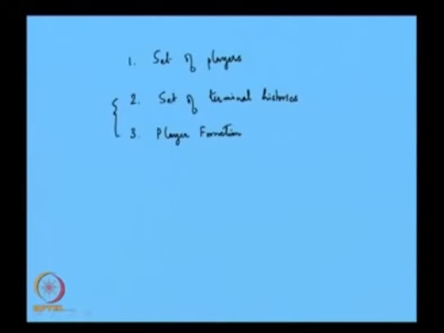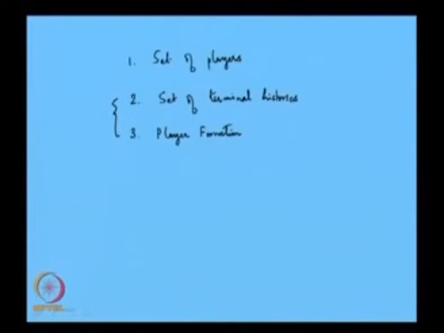Notice that from these two pieces of information, that is 2 and 3, we can find out the action set of a particular player at a particular stage, because so far we have not defined that important component of action sets.